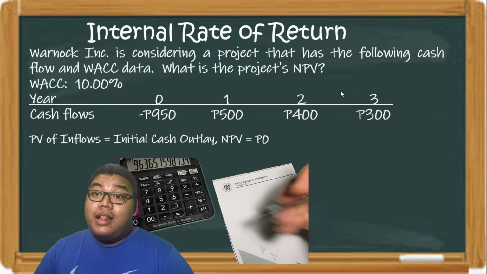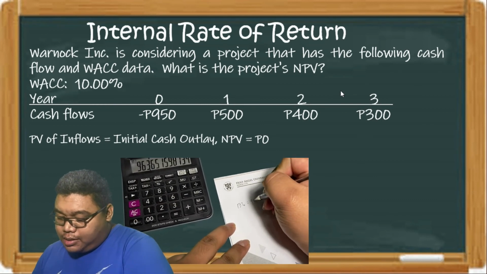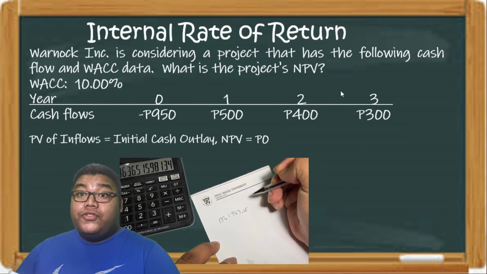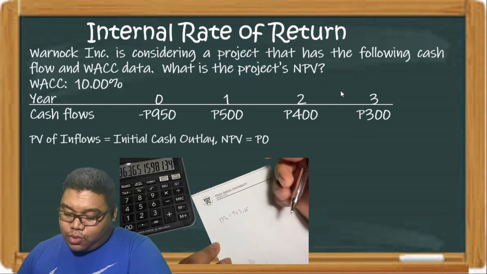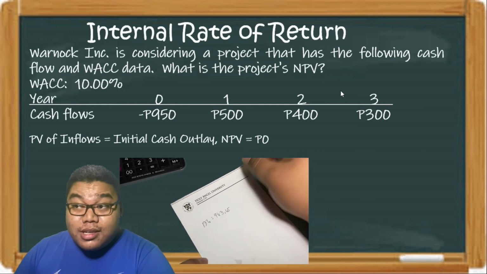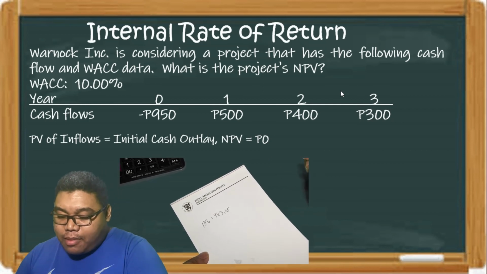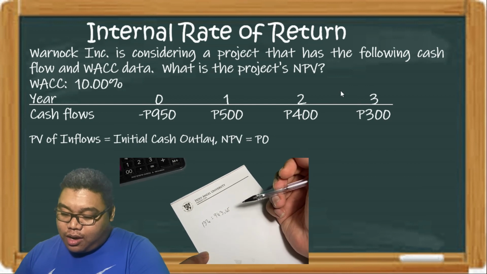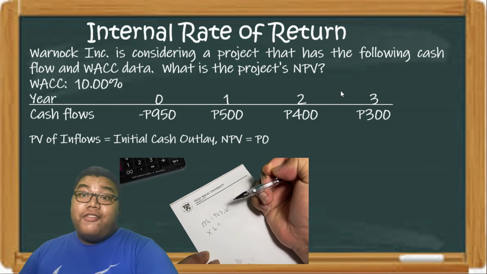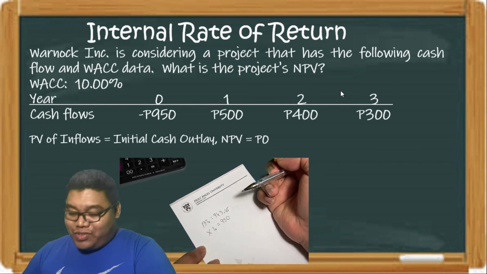Now we can write that down, 963.65, because we will use that amount for interpolation. So at 13%, you will have a present value for inflows at 963.65. At the percentage that we are looking for, the present value should be 950, because 950 minus 950 gives an NPV of 0.